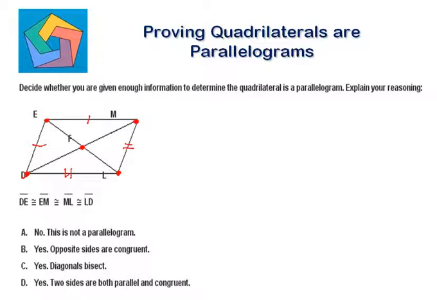So we have here consecutive sides as congruent. Whenever consecutive sides are congruent, then a quadrilateral may or may not be a parallelogram. When opposite sides are congruent, then the quadrilateral is a parallelogram. So we can say here A, no, this is not a parallelogram.